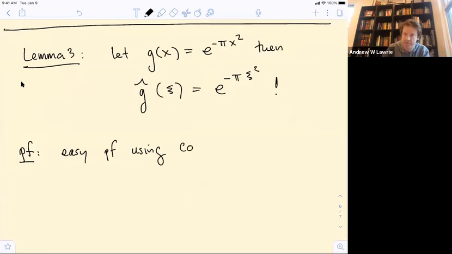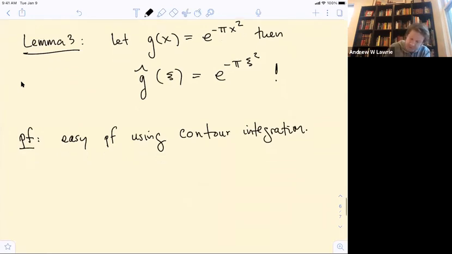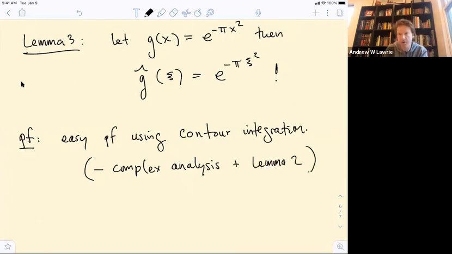I'll give a different proof since you might not all have taken 112, for example. Easy proof using contour integration: this is complex analysis, and you need lemma 2.